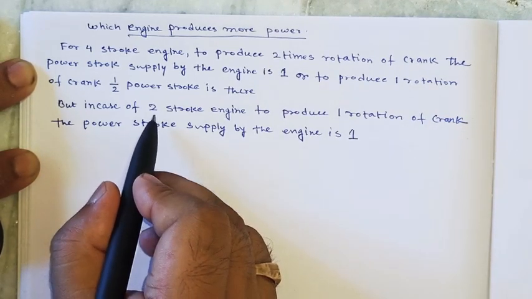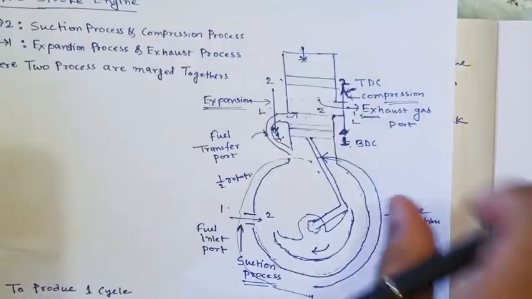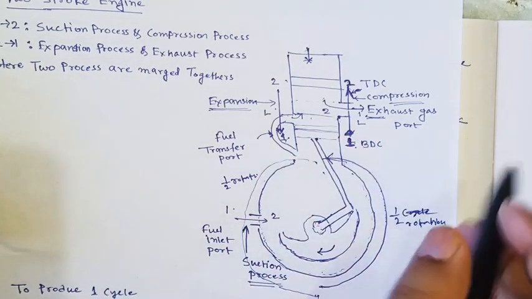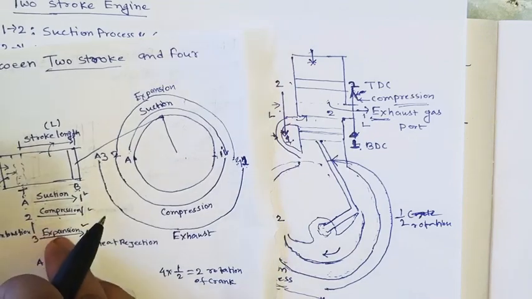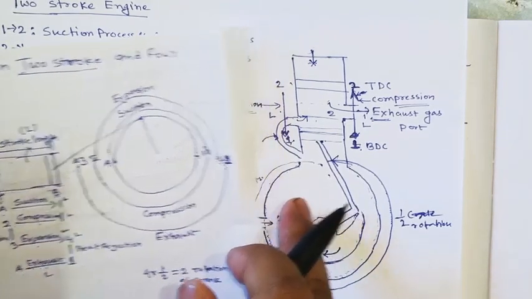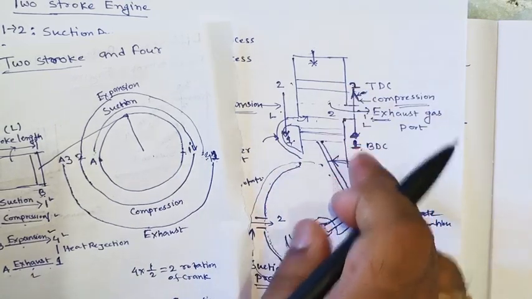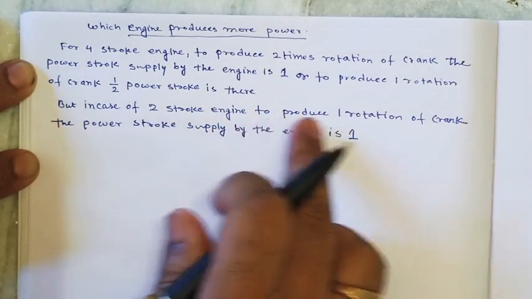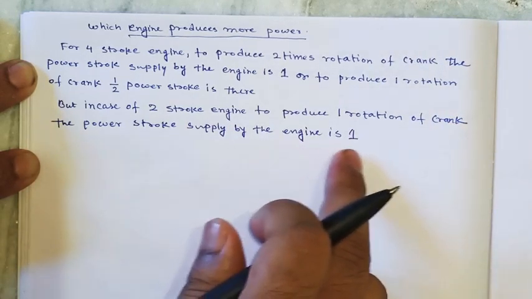You can see, for the two-stroke engine to produce one rotation, the power stroke is 1. For the four-stroke engine, there are 2 times rotation for 1 power stroke. But in case of the two-stroke engine, 1 time rotation, 1 power stroke. So I have written this.